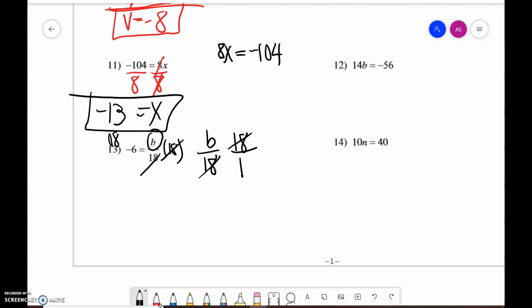Or if you multiply straight across, you see that you get 18b divided by 18, and that will cancel out, leaving me with b. So I'm going to bring down b, and now I just want to multiply 18 times negative 6, and I'm going to get negative 108.